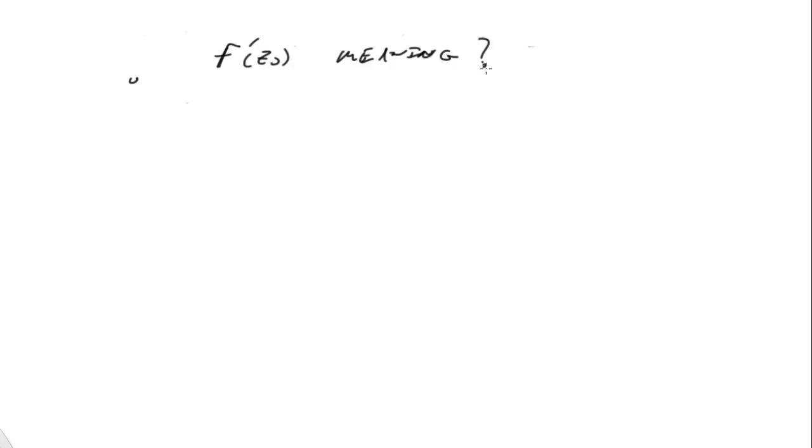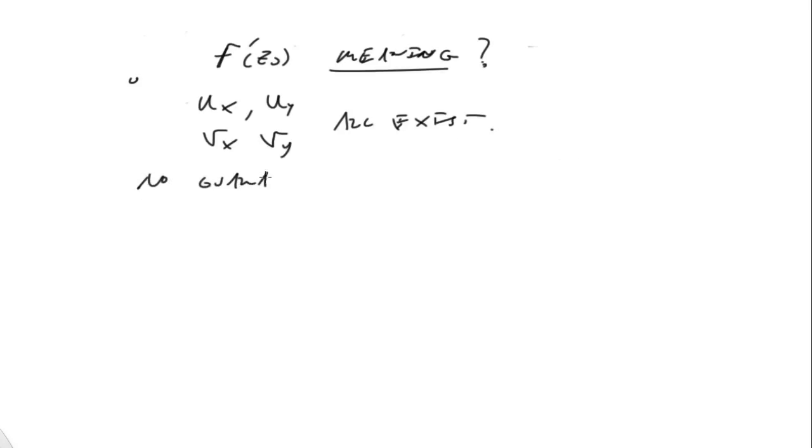We can't really approach this question much, but we certainly know that if ux, uy, vx and vy all exist, there's no guarantee that f prime exists.